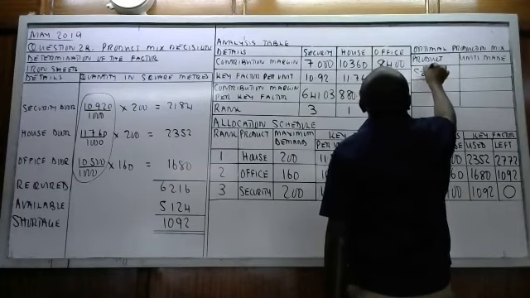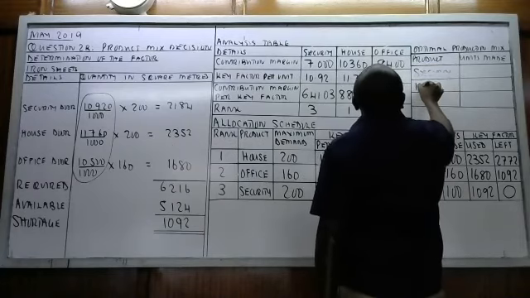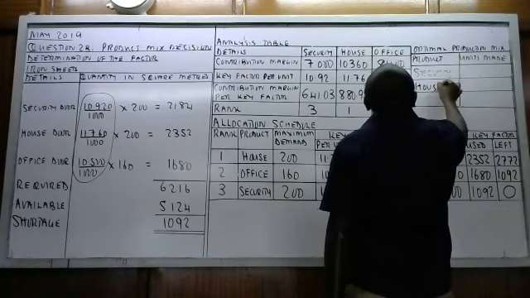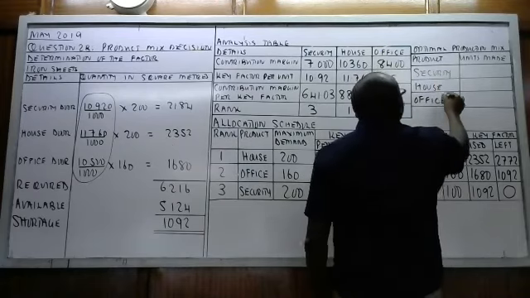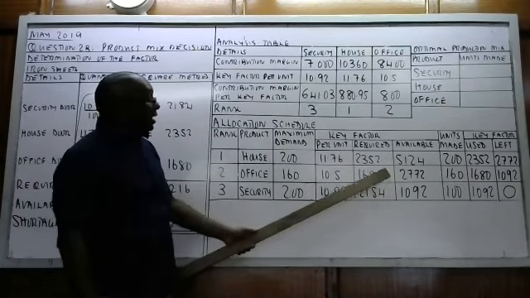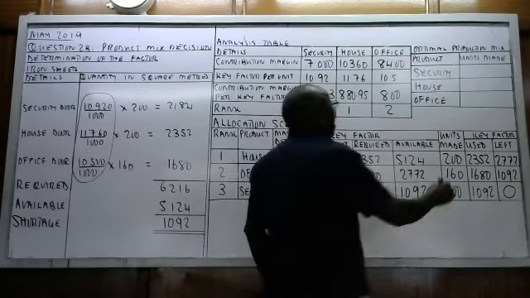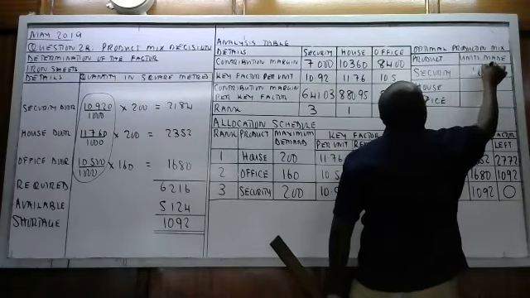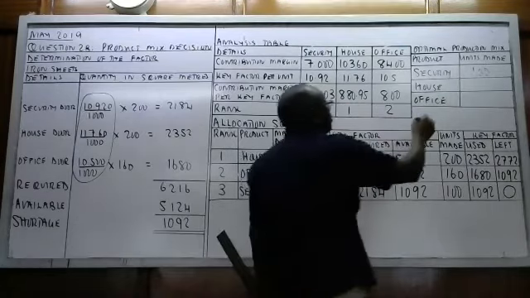So naweza simama tu kwenye tulikuwa zimepangwa. Huyu anaitwa security. Number 2 ni house. Na huyu mwingine ni office. So from our table here, security tumeona we will need 100 units. House, they will make 200 units.